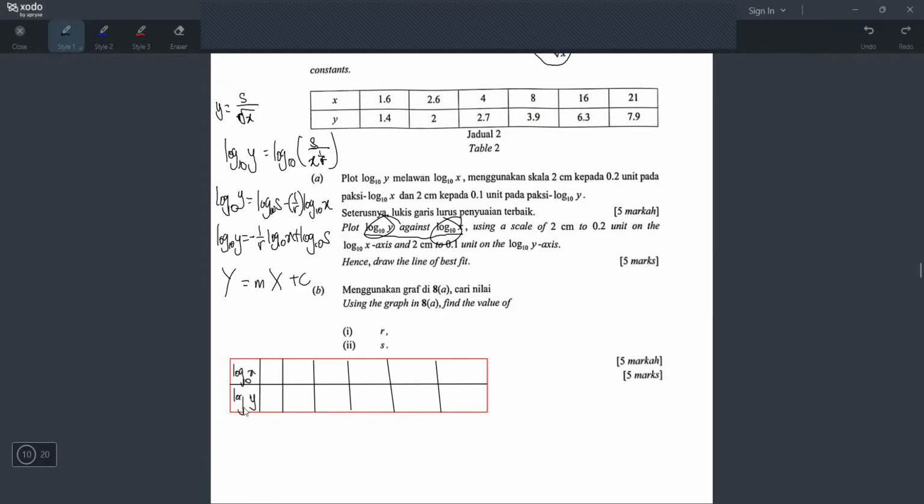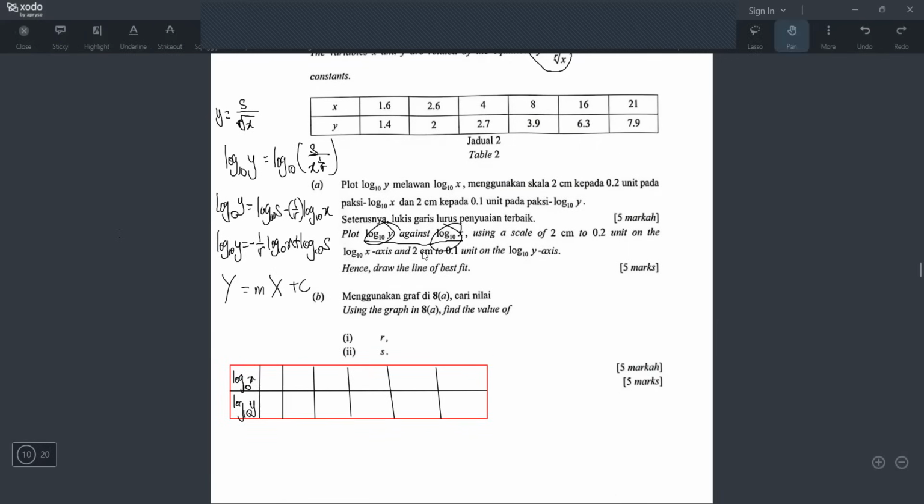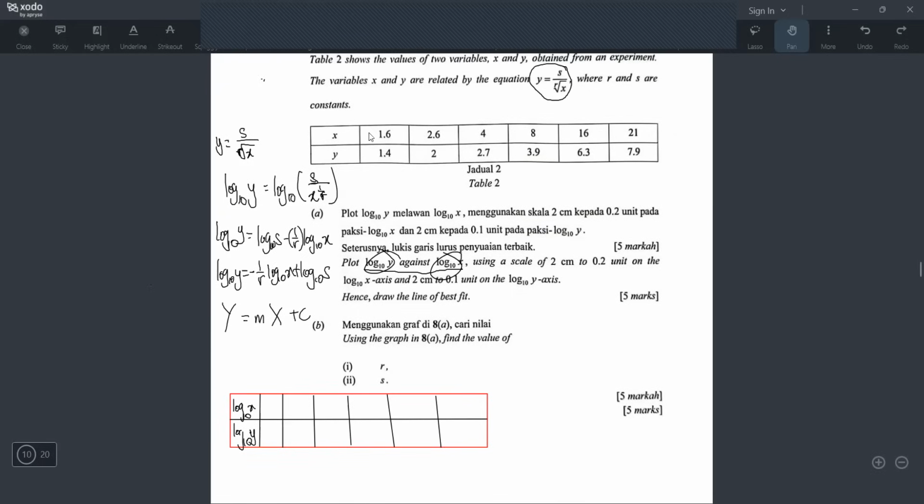Oh, and by the way, the question never asks you to draw this table, right? But if you don't draw it, you cannot draw the graph later. Even if the question never asks for this step, you also need to do it. What is your log x and log y? Your log x will change because all these values are for x. So I have to press log 1.6, log 2.6, log 4, and write down all here.